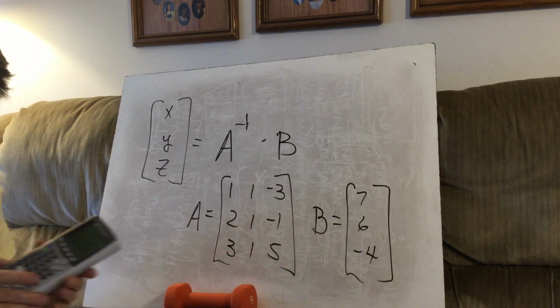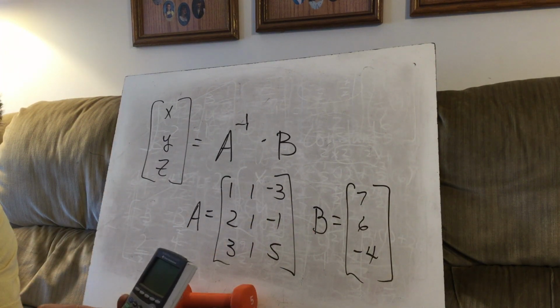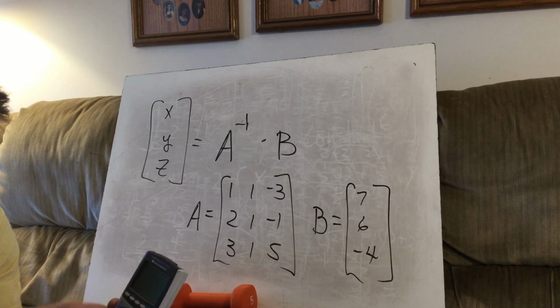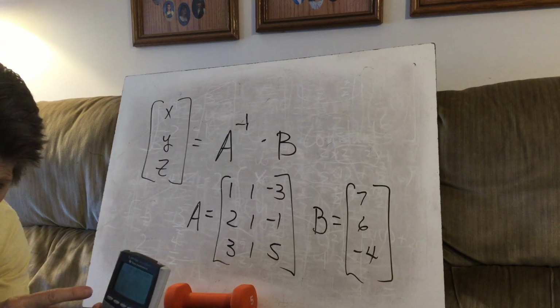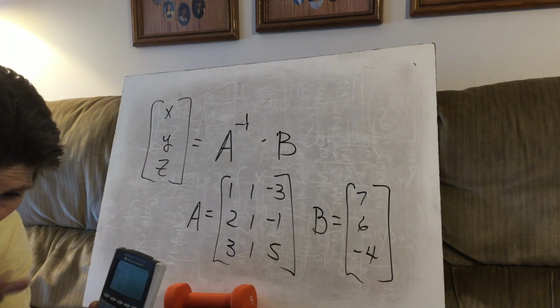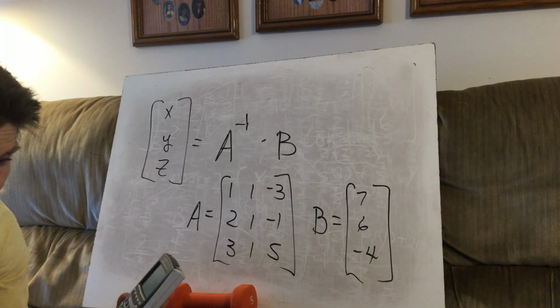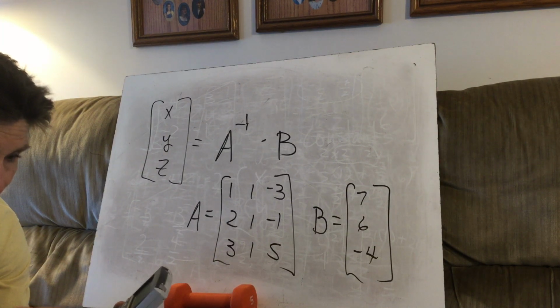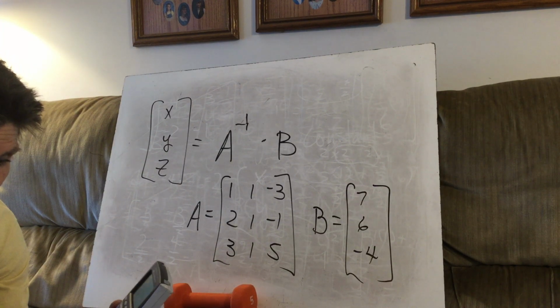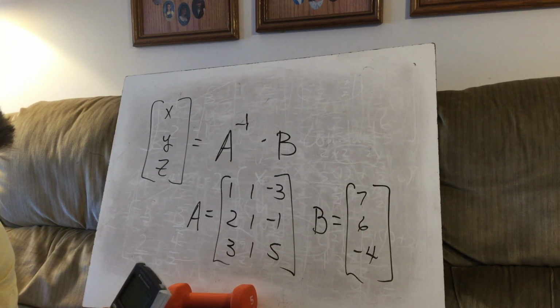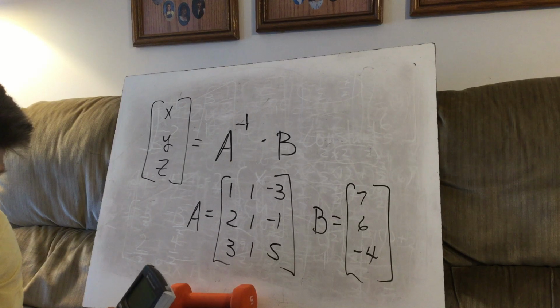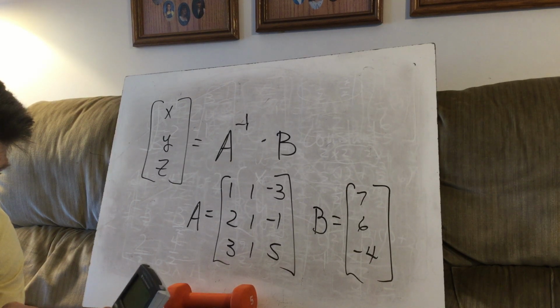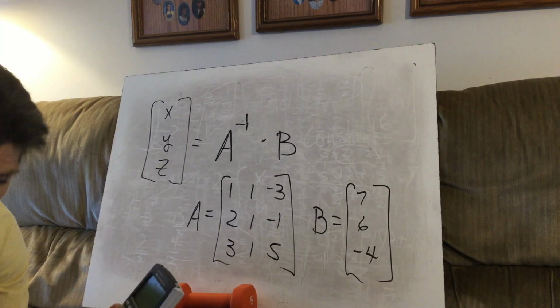Now we have to put in B. So second matrix, click over to edit and down to B. Sorry, let me back up. Second matrix, click over to edit and down to B. And then enter.